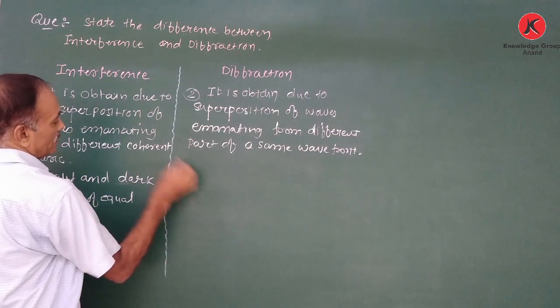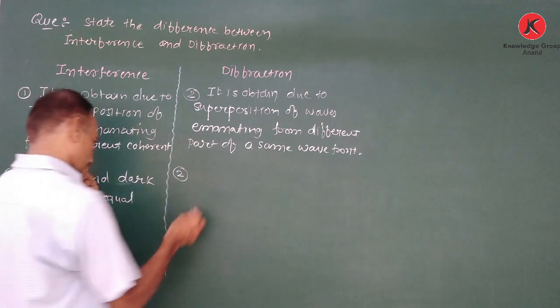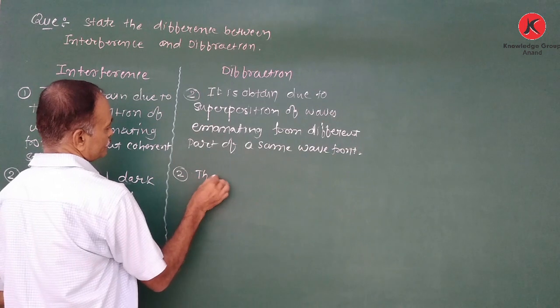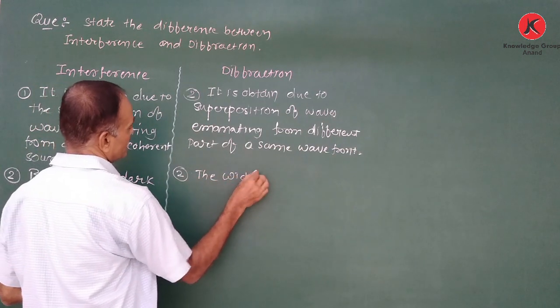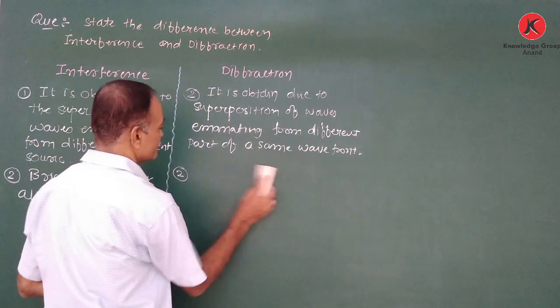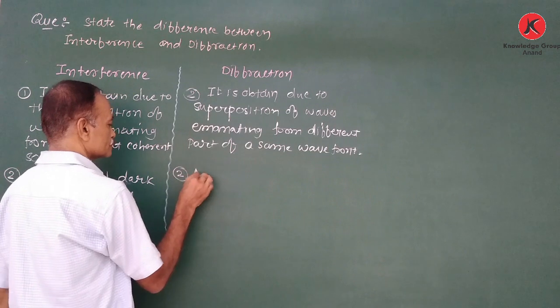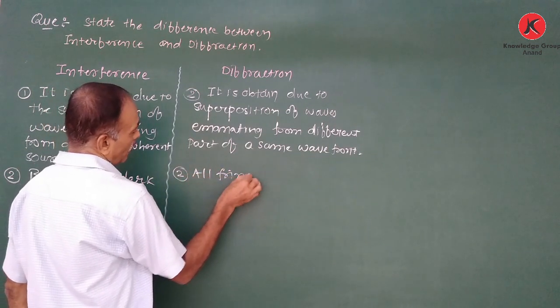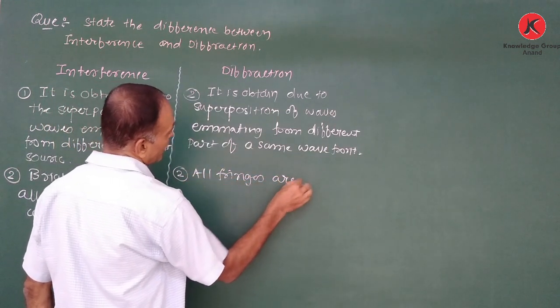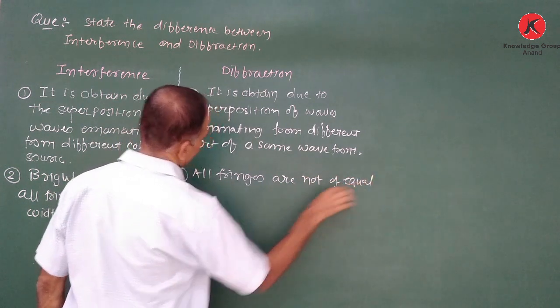Now here, in diffraction, the width of the central maxima is maximum. The widths of all the fringes are not equal. All fringes are not of equal width.